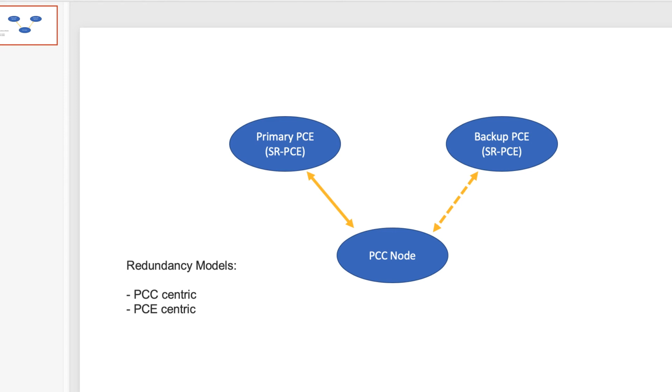That is why whenever a failure happens, it can be quickly detected in the PCC case versus the PCE mode, because in a PCE centric model, in order to really redelegate a policy to another backup SRPC, the primary SRPC will need to release delegation, and then it needs to go ahead and request another SRPC to request for it. And that can really lead to a longer outage, depending on what kind of failure we have experienced on the primary SRPC. But on the other hand, as we saw in the case of PCC centric mode, it is the PCC who is controlling that delegation.